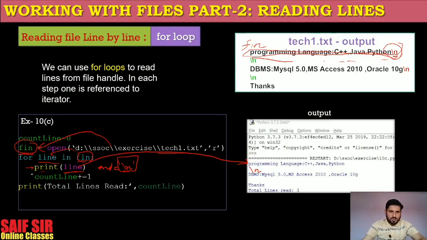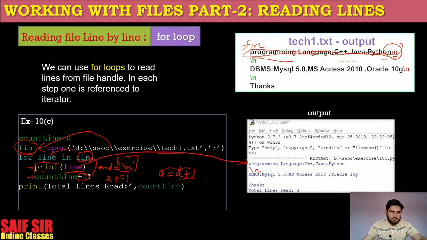Now, what I am doing here: once I have read one line, I am counting that line. So far I have read one line, so count is equal to count plus 1. It becomes 0 to 1 now. Now this is the body, it goes back.